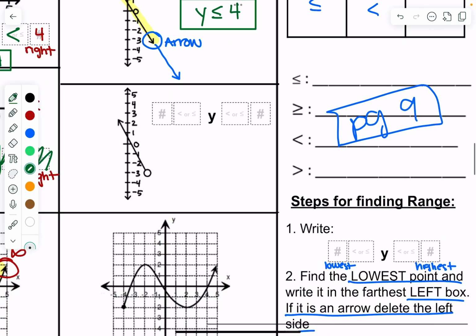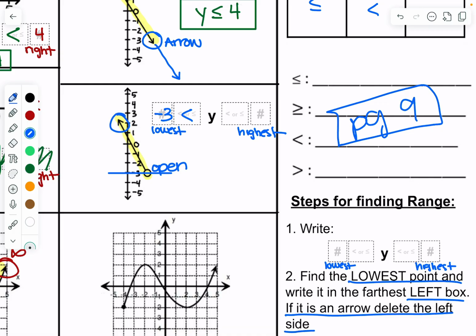Now let's go ahead and try the next one. I have to label my boxes lowest to highest. Then I need to highlight my function so I know what I'm dealing with. And now my lowest point is going to be -3, and that is an open point, so it gets a symbol without the line. Now my highest one is an arrow.